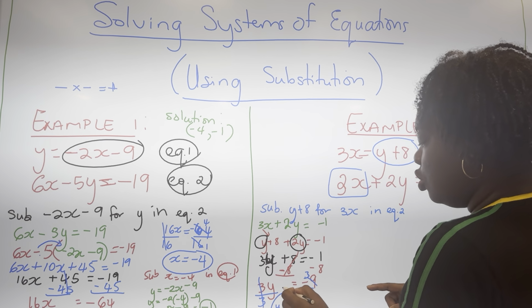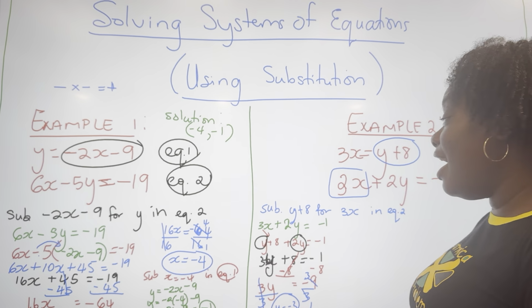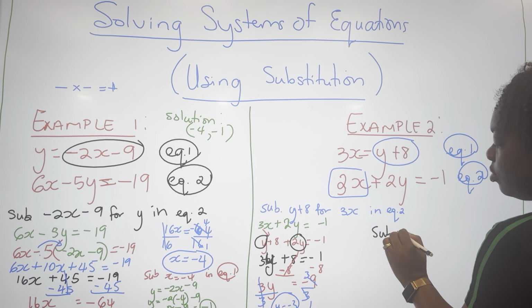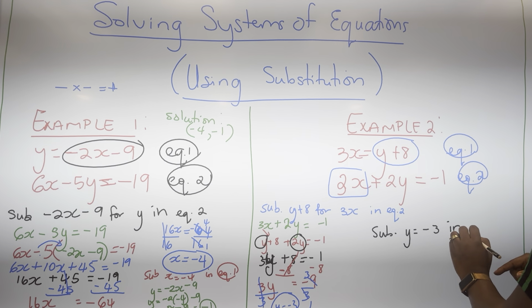All right, now that I have my y, I can go ahead and substitute. So I'm going to sub y equals negative 3 in equation 1. And again, you can substitute it in any of the equations, but I just chose 1 because I think it's simpler.